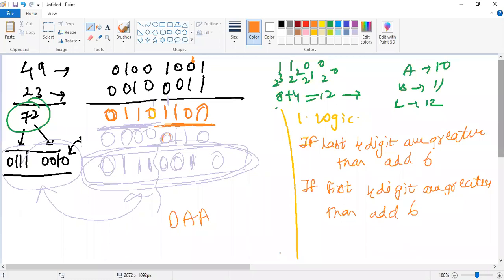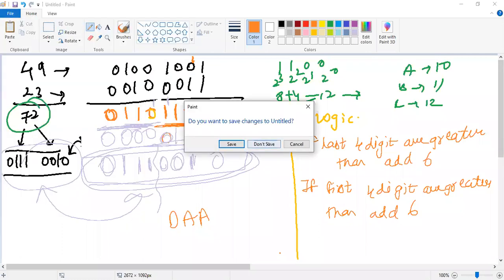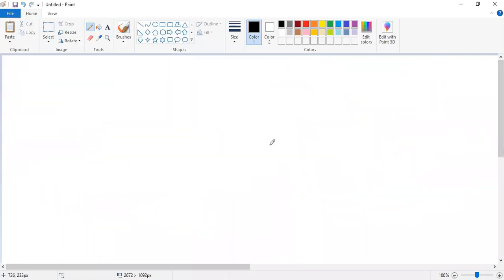So I will give you some of the important instructions which might come in your exam for explanation. The first one is, as I told you, DAA. Then there might come exchange.